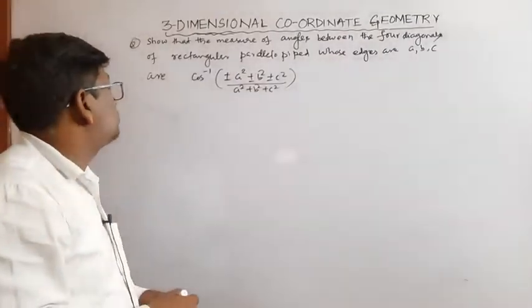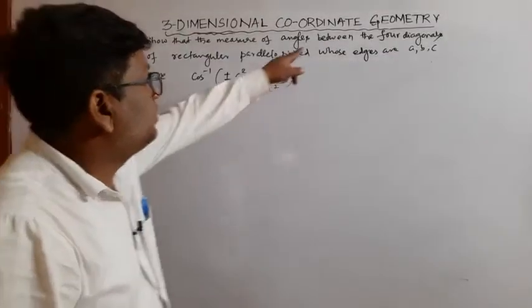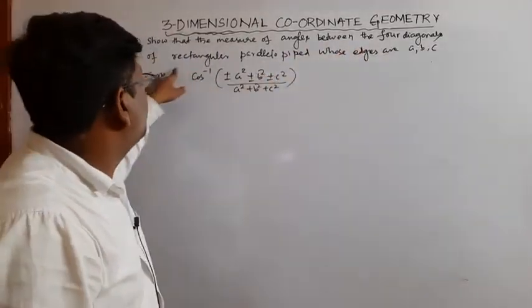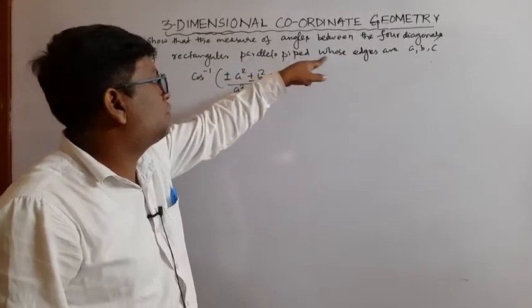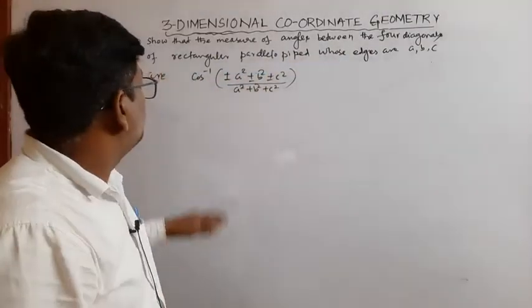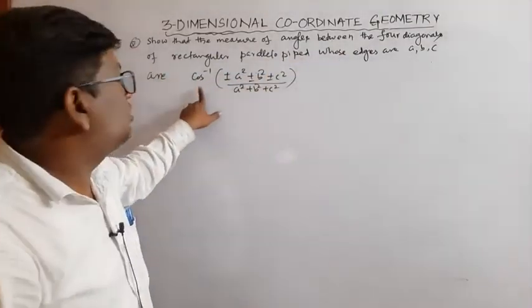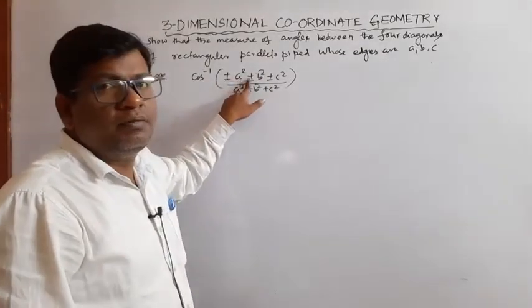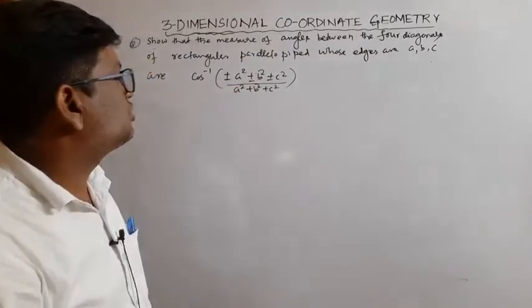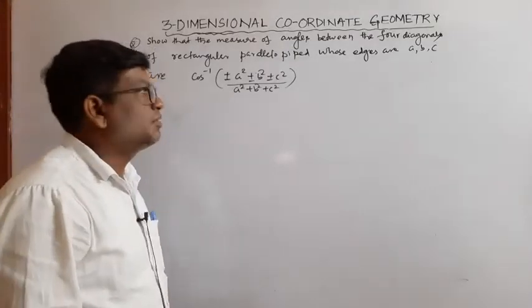Now one question: show that the measure of angles between the four diagonals of a rectangular parallelepiped whose edges are a, b, c are given by cos inverse of plus or minus a square plus or minus b square plus or minus c square divided by a square plus b square plus c square.